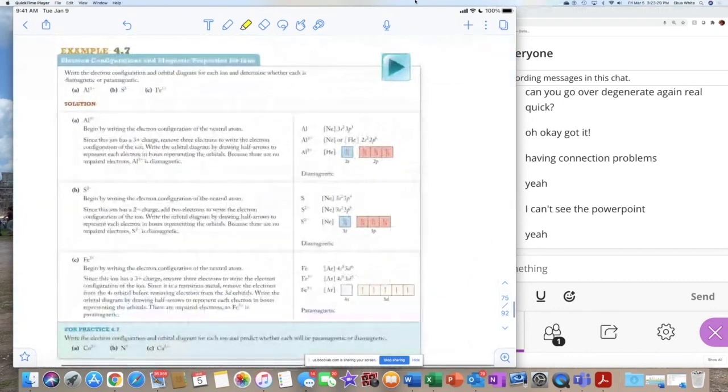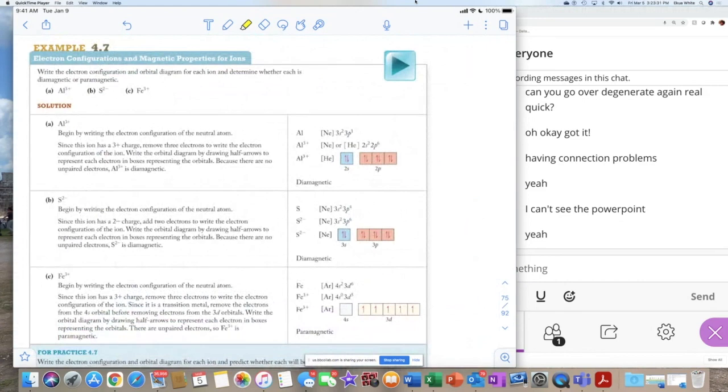Okay, so here they have us work on writing the electronic configuration and orbital diagram for each ion and determine whether each ion is diamagnetic or paramagnetic. Okay, let's go ahead and do this. I'm going to copy this question over here.